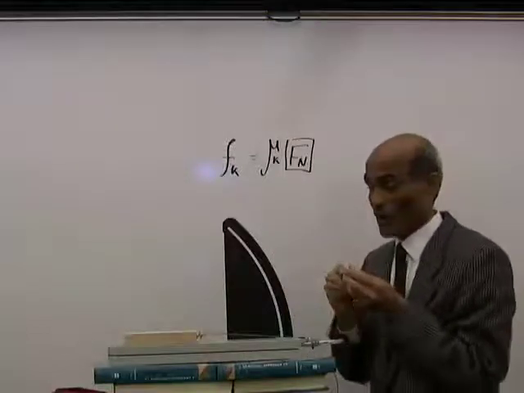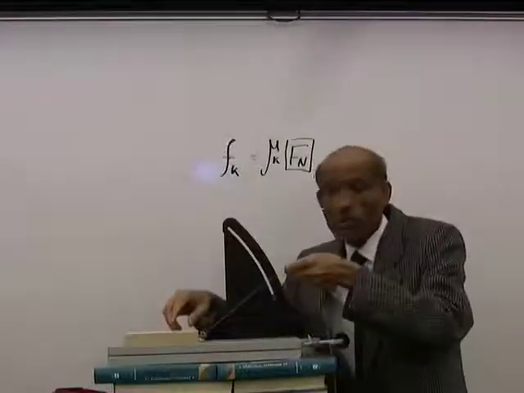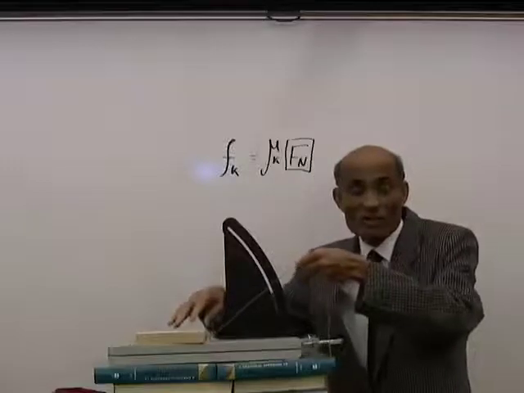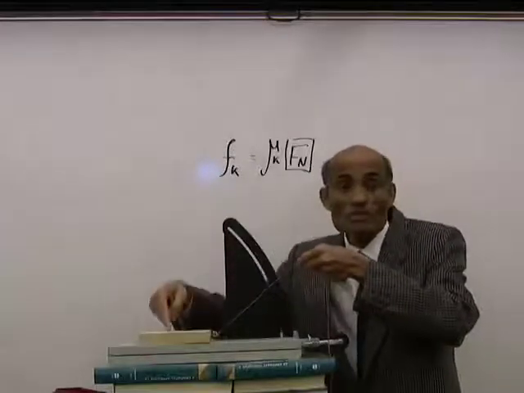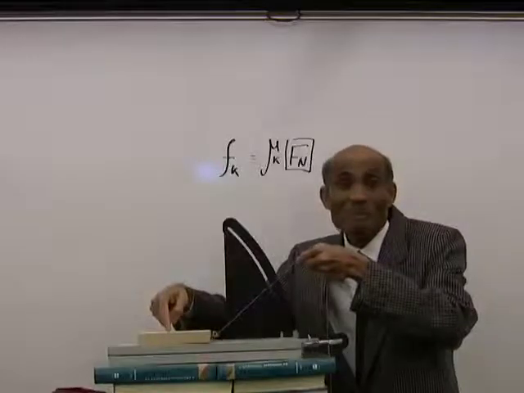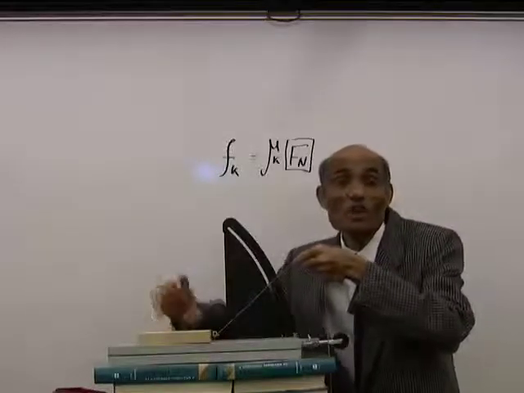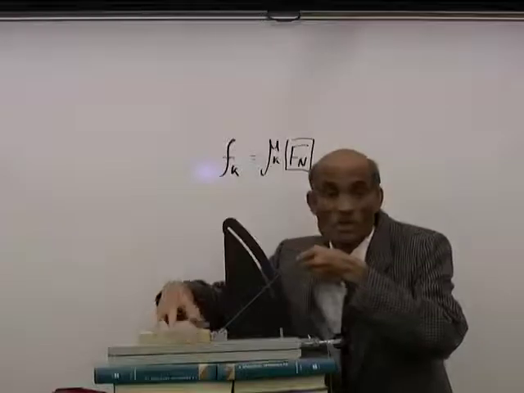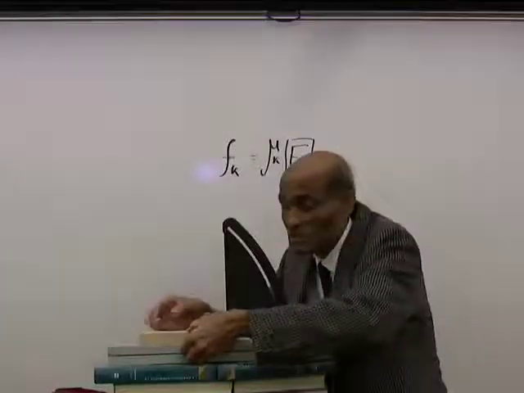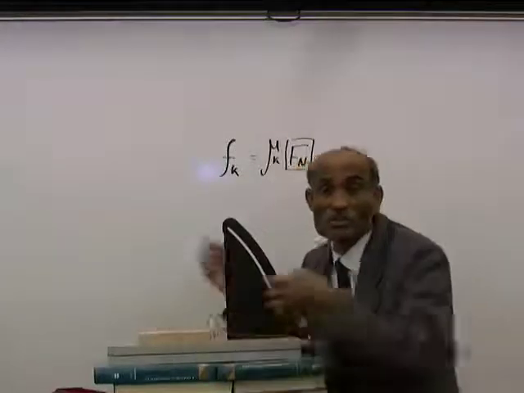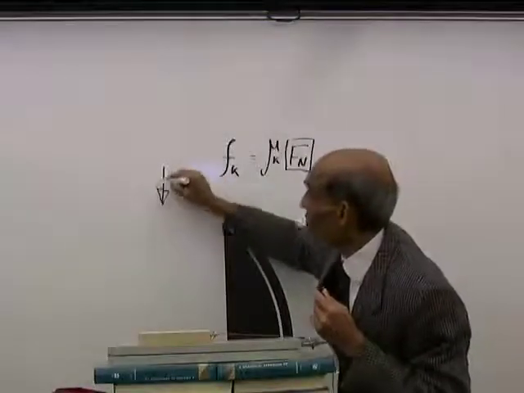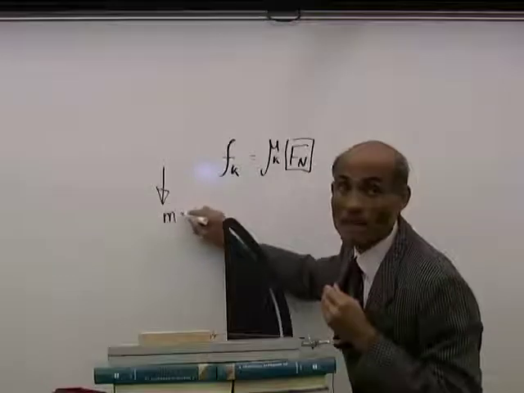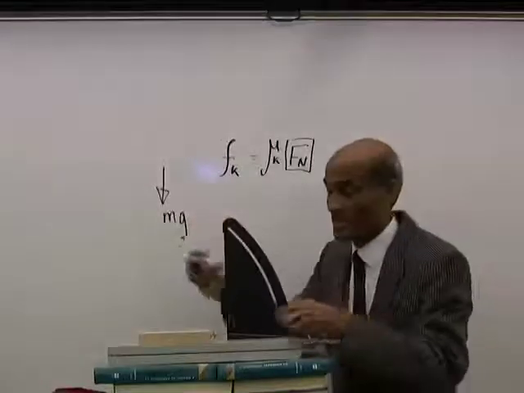That means when the father pulls the child with a force like this, the vertical component of this force actually reduces the normal force. You see, the normal force is the force that is pressing the sled onto the surface. Now, the force that is acting down the plane is mg, is that right?